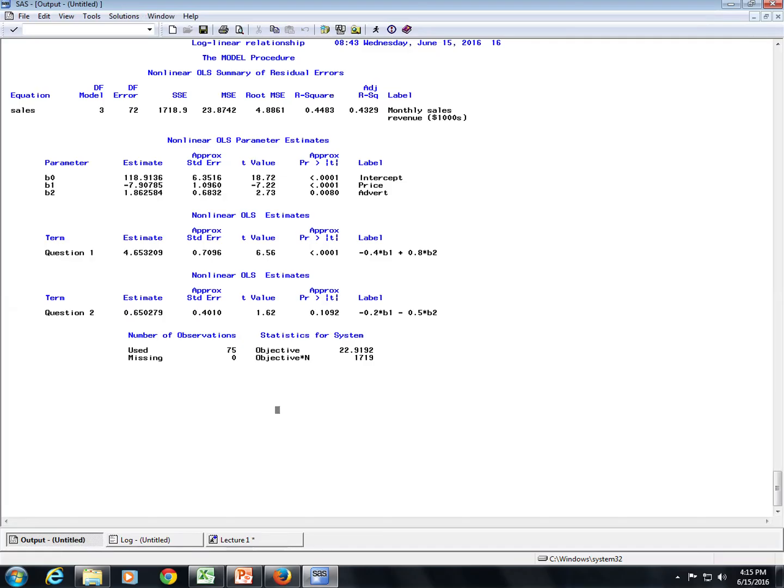When we calculate the noisy uncertainty of the sampling process, that slight difference of 0.65 is not large enough that we think it's convincing that these two approaches, either reducing price or increasing advertising, are statistically different.